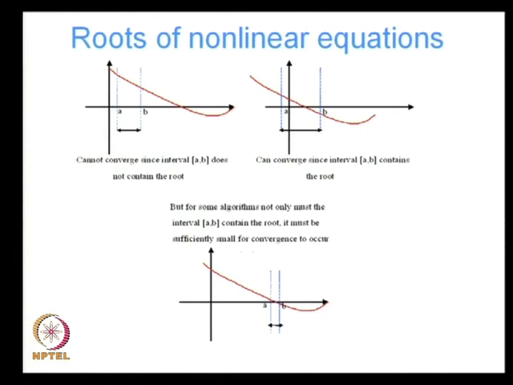Many algorithms, if the root lies within an iteration interval, however large the interval may be, as large as I want, with a and b as far apart as possible, are still going to converge to the root after a large number of iterations.